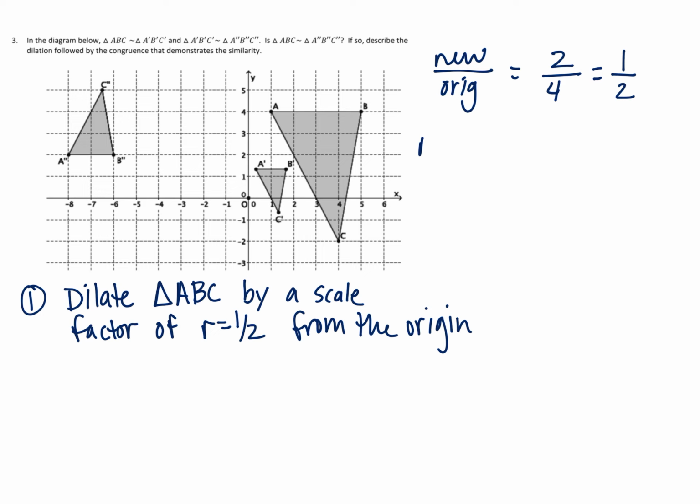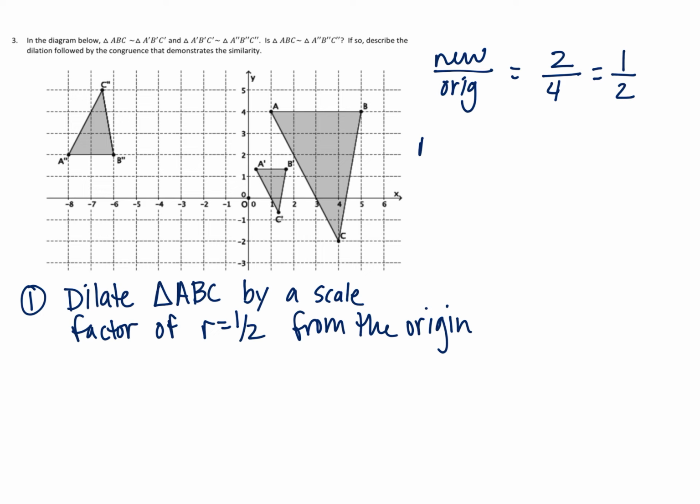Then I need to move it so it matches up with the 1 on the left side. I am going to step 2, translate. I'm going to go 1/2, 1.5, 2.5, 3.5, 4.5, 5.5, 6.5 left.